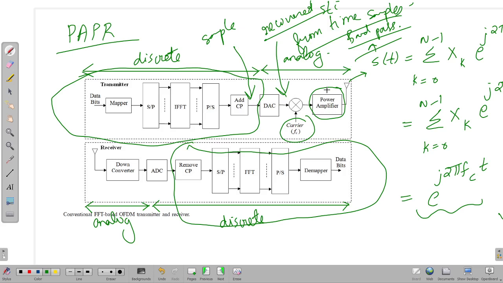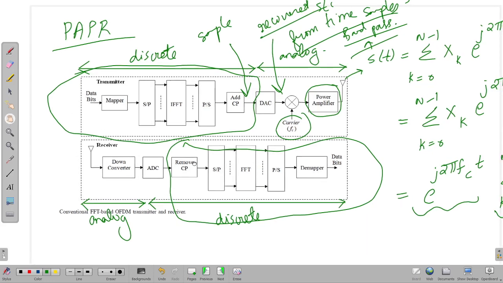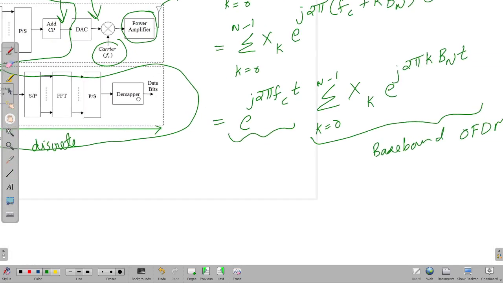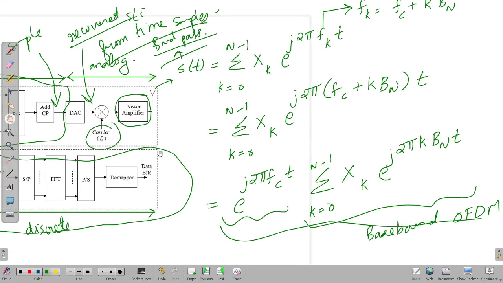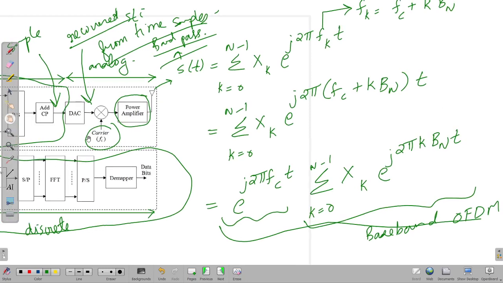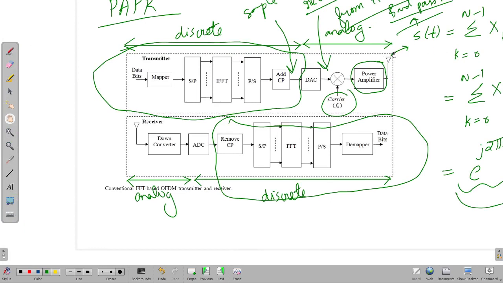Before that, let me just show you the discrete equivalent of this expression. This signal S of t goes through this particular channel, and S of t reaches the receiver after undergoing a linear convolution with the channel response. It is converted to discrete form, and removal of the cyclic prefix, etc., happens.